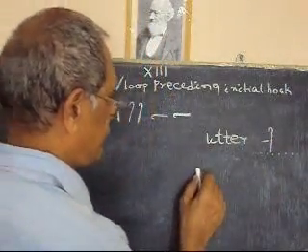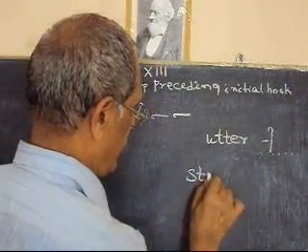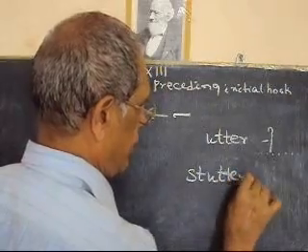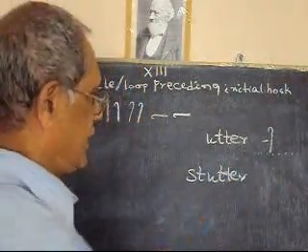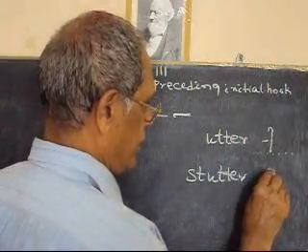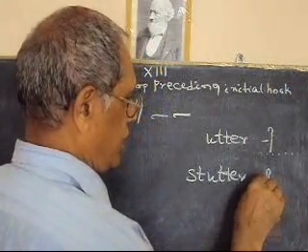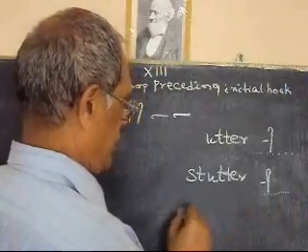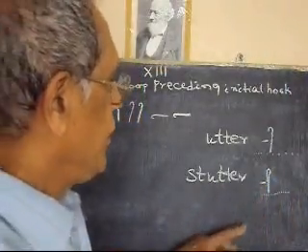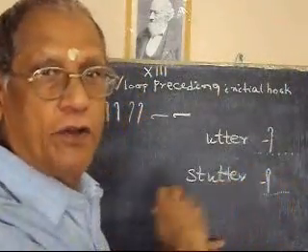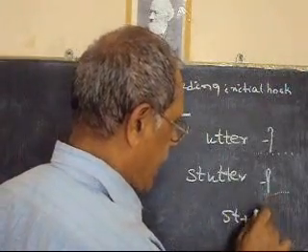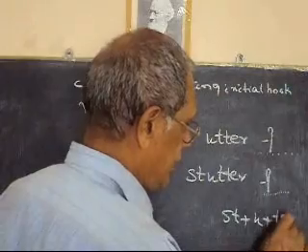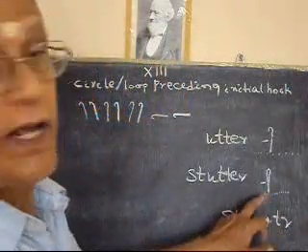Suppose stutter. That means you have written it on the side of R hook. So, it stays there, plus R, plus stutter.